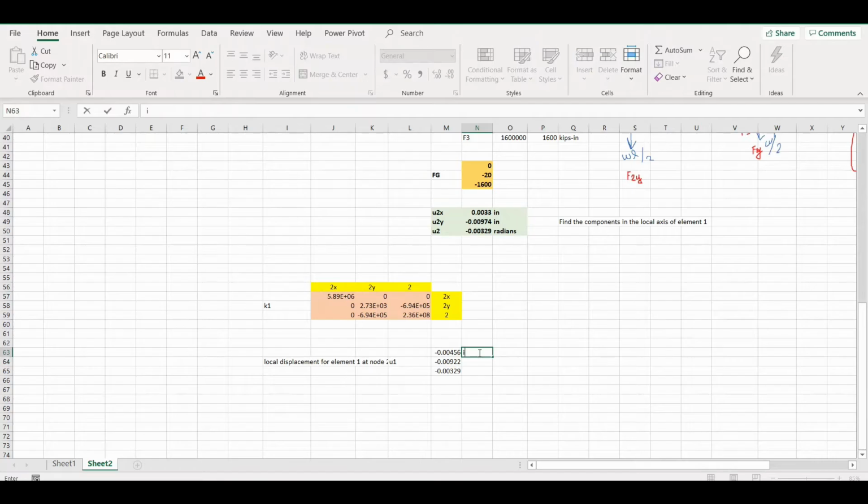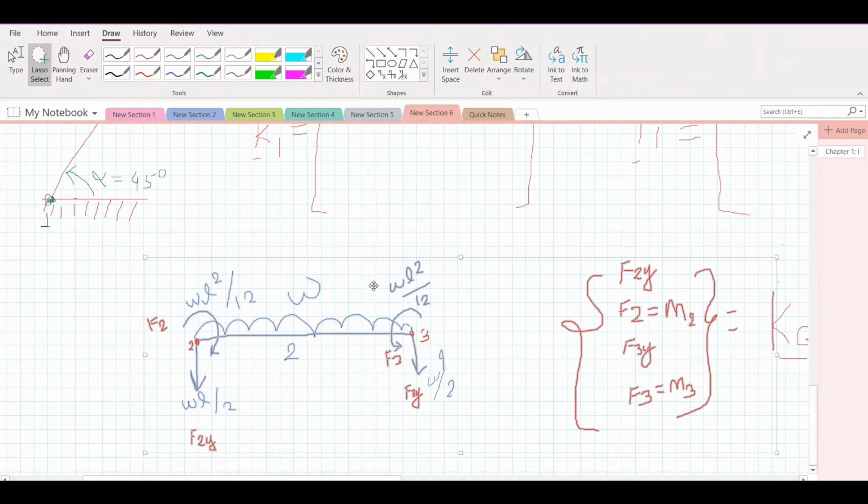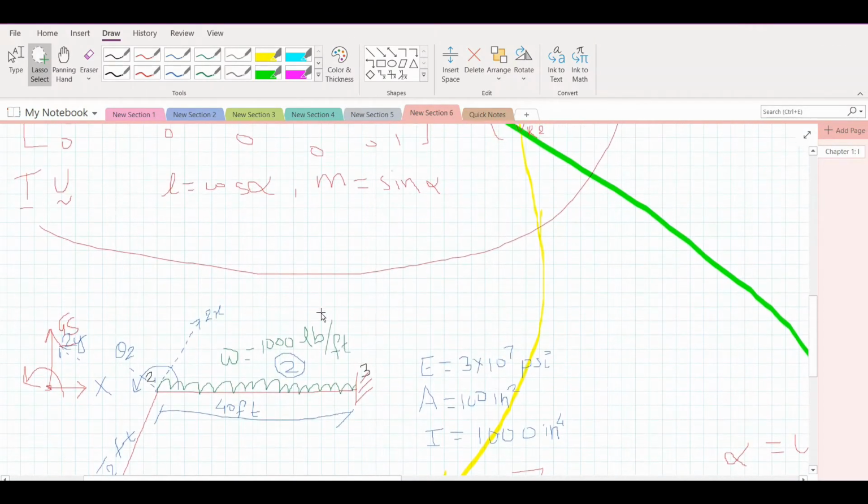Now this is inches, inches, and radians. By local, what I mean is we have found the displacements corresponding to this axis, and theta 2.